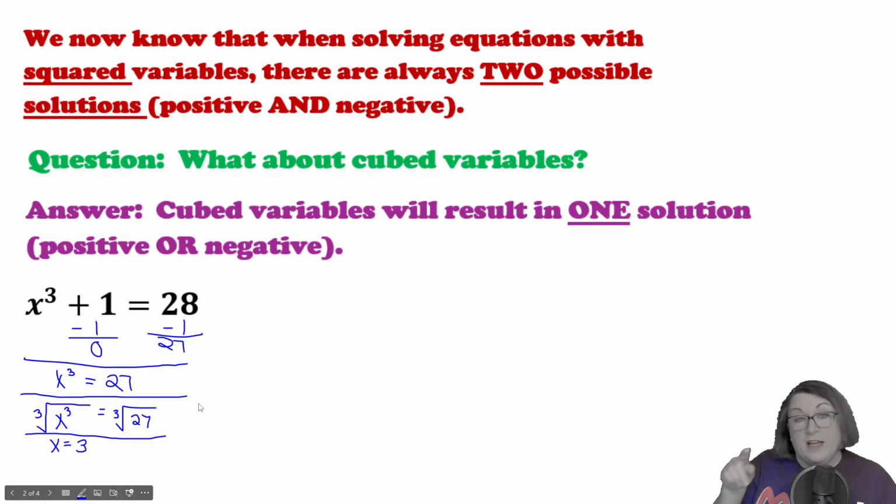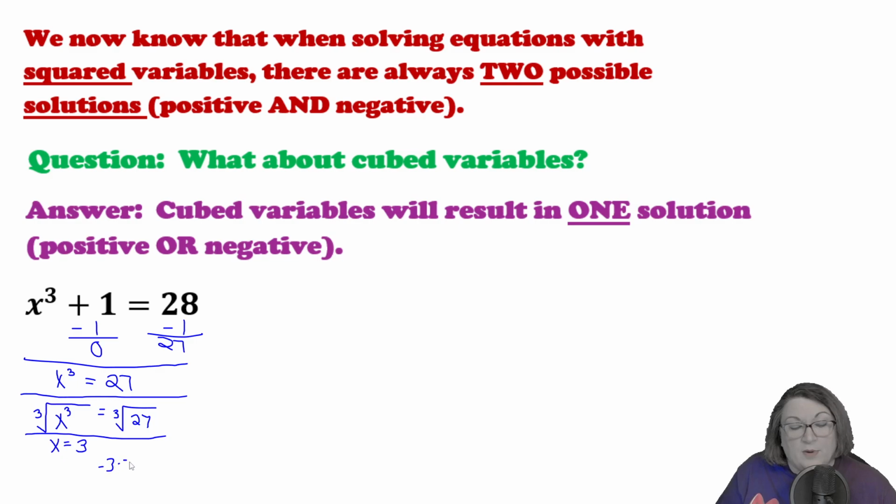There is one other thing I need to show you about the squared variables, but right now we're just doing cube variables. Now, does negative 3 work? Because we know that 2 solutions work with the squared variables. Do 2 solutions work with cubed variables? Let's try it. Negative 3 times negative 3 times negative 3.